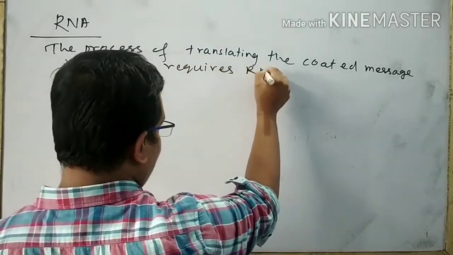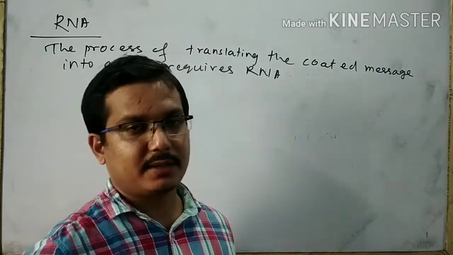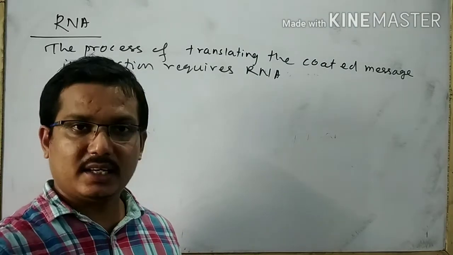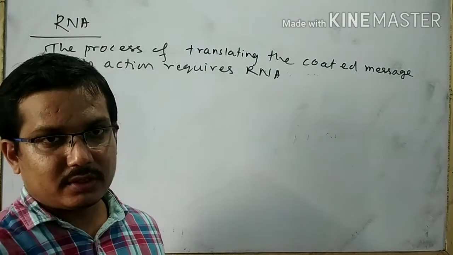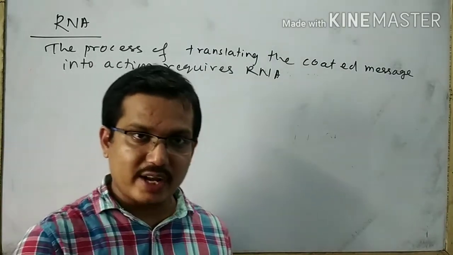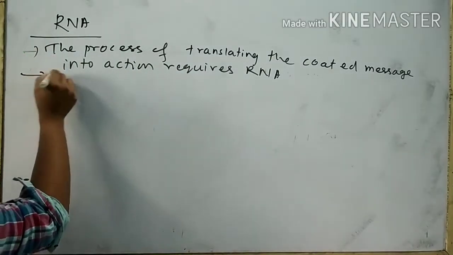The chemical composition is similar to the chemical composition of DNA. There is a slight change in RNA. In RNA, the sugar is ribose, and there is another base, uracil, instead of thymine.